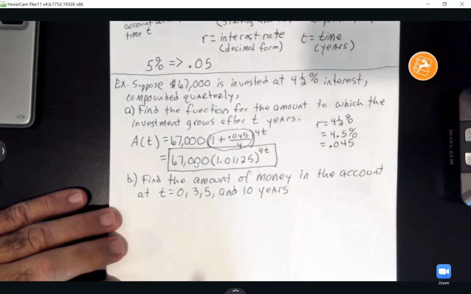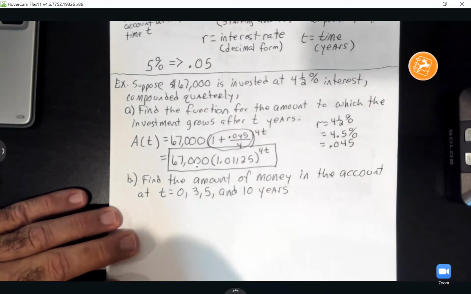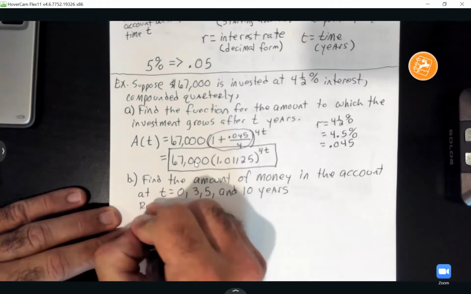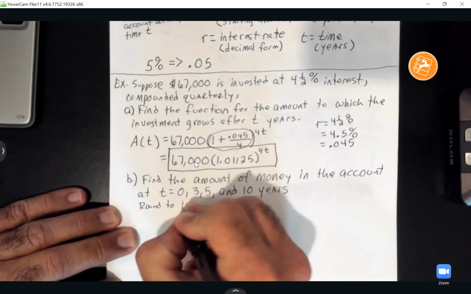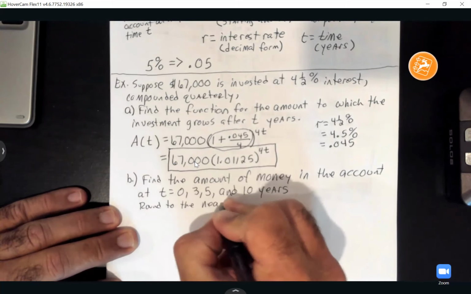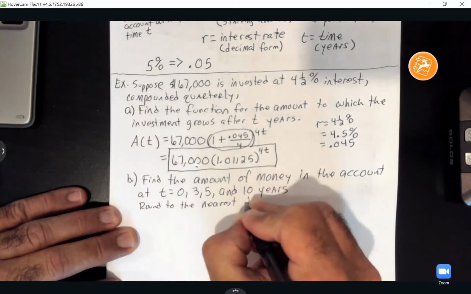And y'all, in the answers, it says round to the nearest dollar. So round to the nearest dollar.